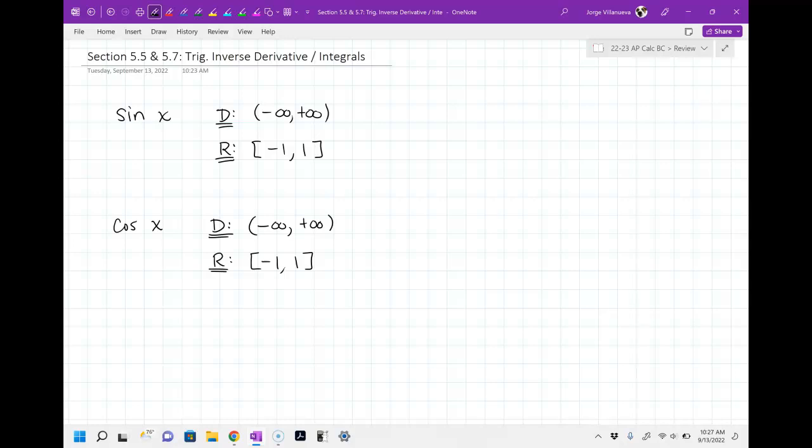Okay, and we're just going to mention one more here. Tangent of x, your domain is everything, kind of. It's all real numbers, but it doesn't exist at 90-degree values, because tangent of 90 is undefined.